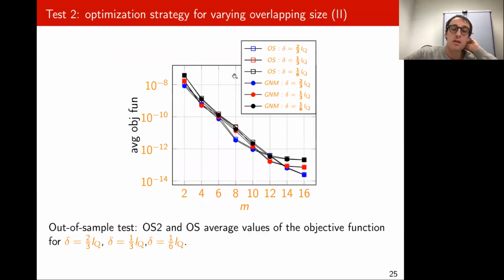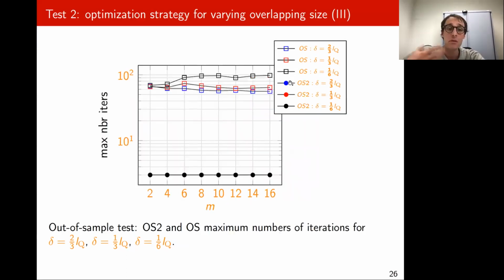So here you can see the results in terms of objective function. What you can see here is that, again, overlapping Schwarz and Gauss-Newton have pretty much the same performance in terms of objective function for the different values of delta. But when you look at the number of iterations, we see that the number of iterations is still pretty dramatically different.